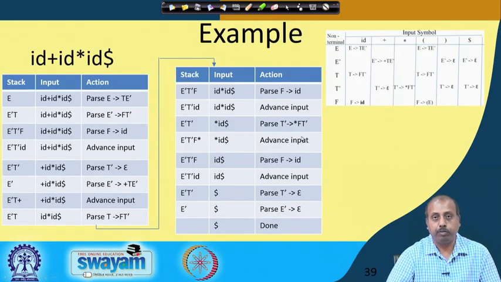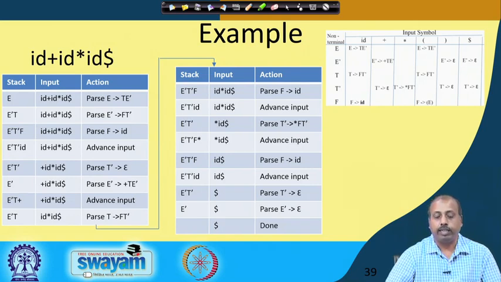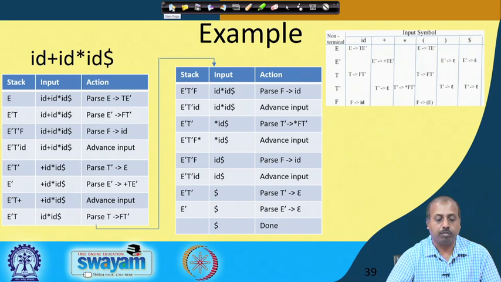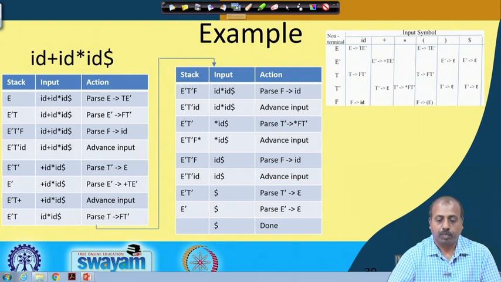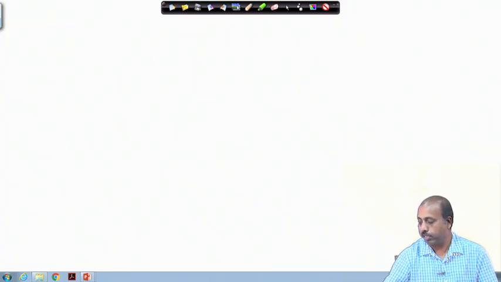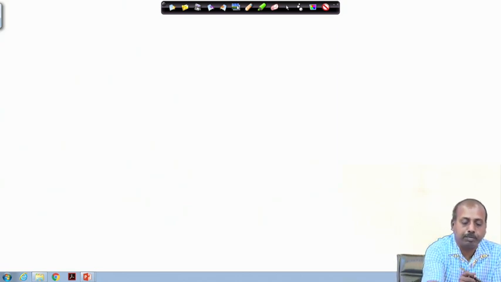So we will take a few examples to work out, and we will see how we can write a few grammars and how we can construct some parsers, different types of parsers and all. So for that purpose, let us first try to write a few example grammars.